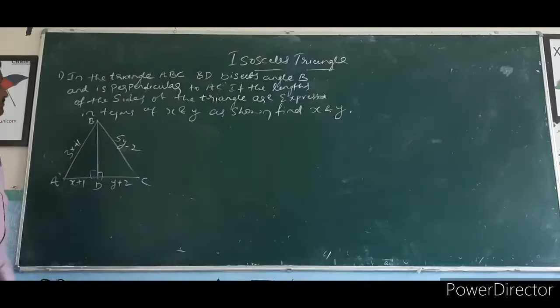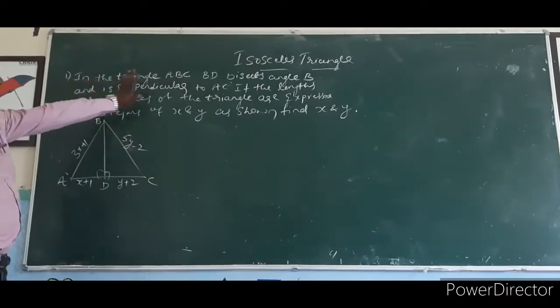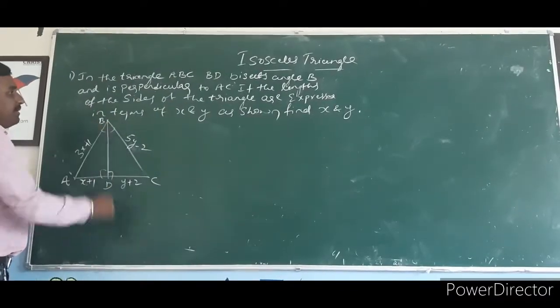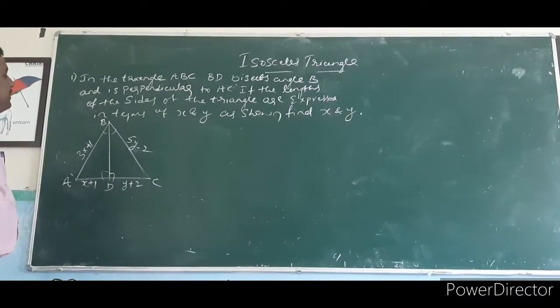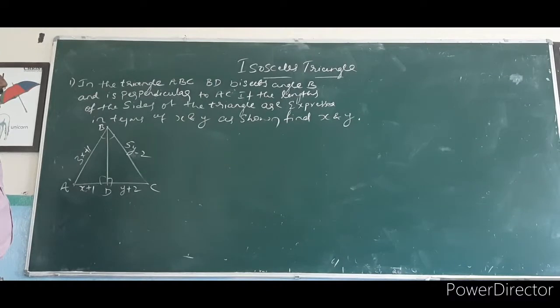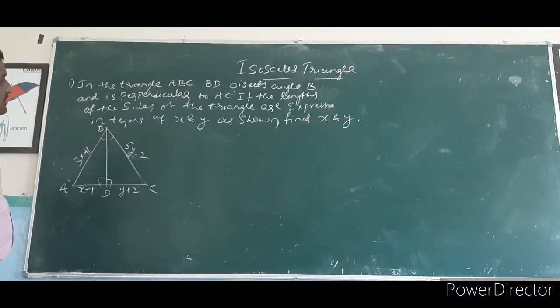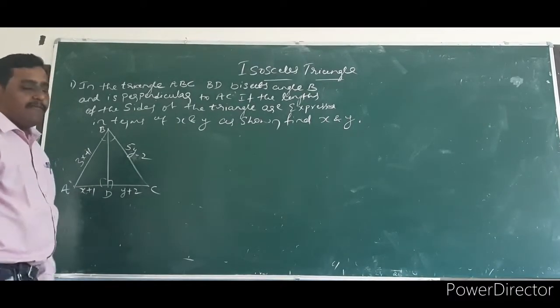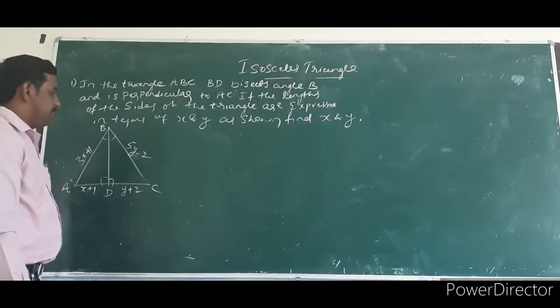In this one I am considering triangle ABC, where BD bisects angle B and BD is perpendicular to AC. Then the lengths of the sides of the triangle are expressed in terms of x and y, and you have to find the values of x and y.